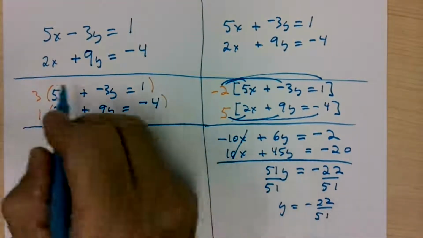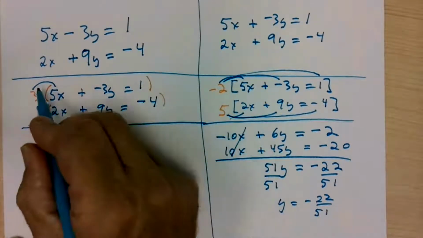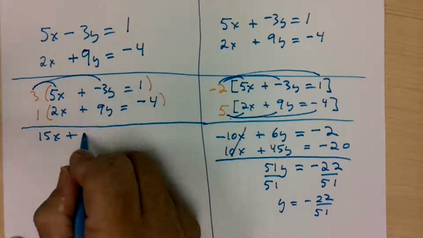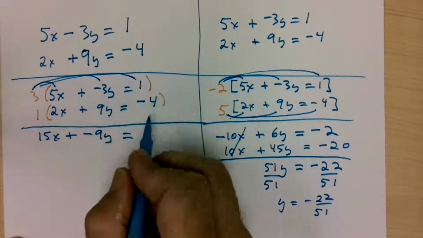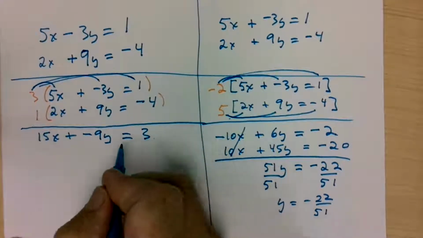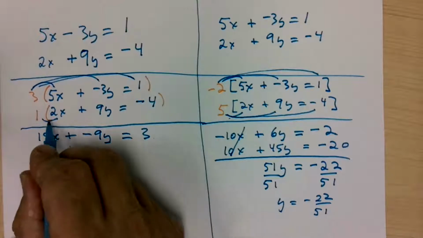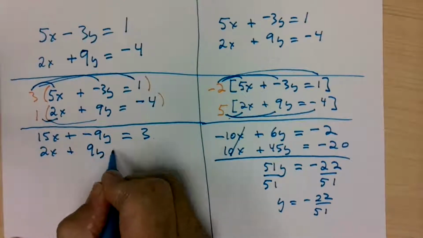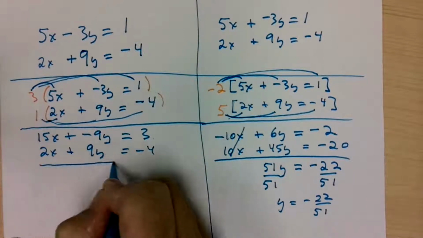As I distribute, 3 times 5x is 15x plus 3 times negative 3y is negative 9y equals 3 times 1 is 3. 1 times 2x is 2x plus 1 times 9y is 9y equals 1 times negative 4 is, of course, negative 4. Add all these together.